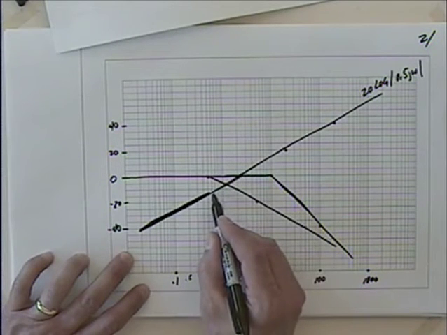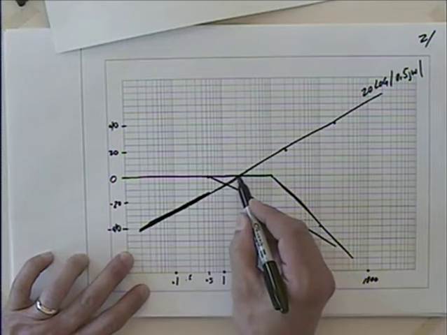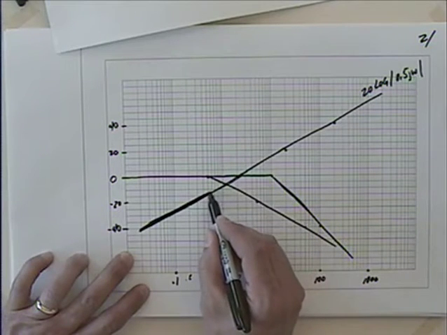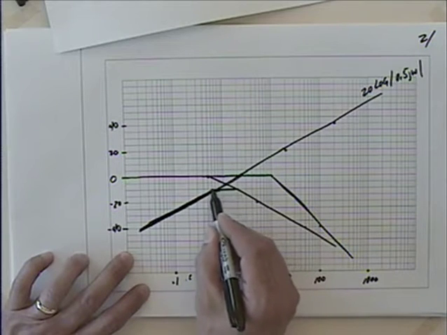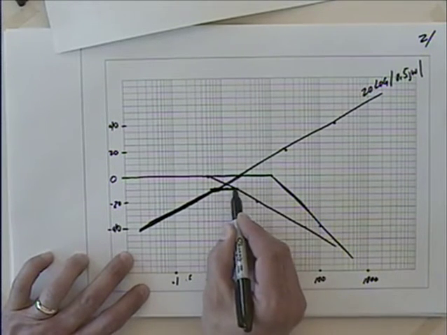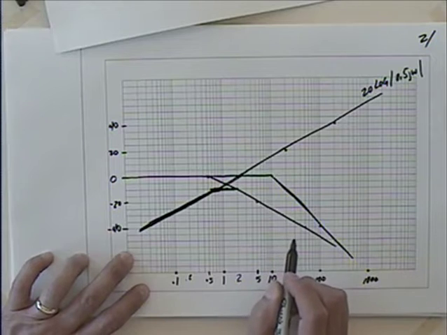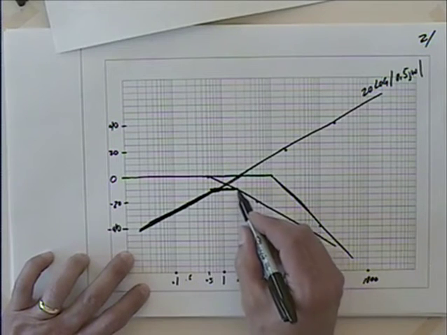Start to level off, won't it? And it better level off, if this is 0 and 0 and this, it better level off like that. Okay. And then what's it going to do?